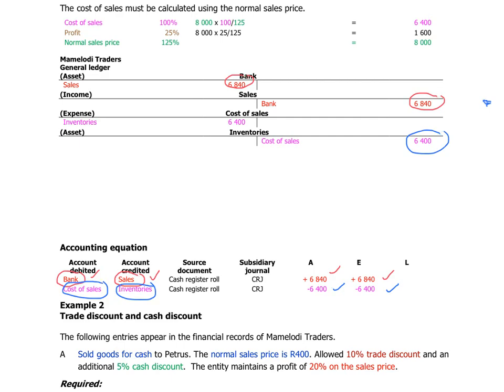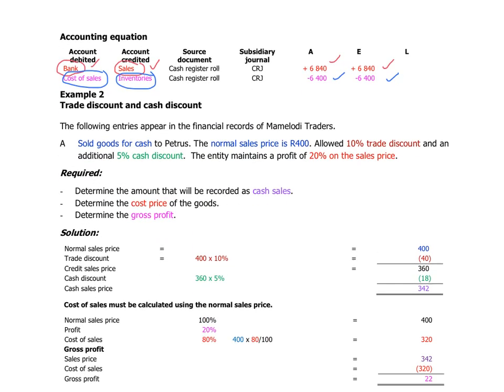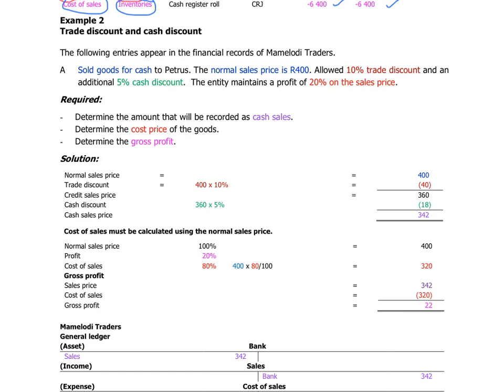If we go to example 2, here there's also trade discount and cash discount. The following entries appeared in the financial records of Mamelodi traders. Sold goods for cash. Okay, so we know that this is a cash transaction. The normal sales price is 400 Rand.